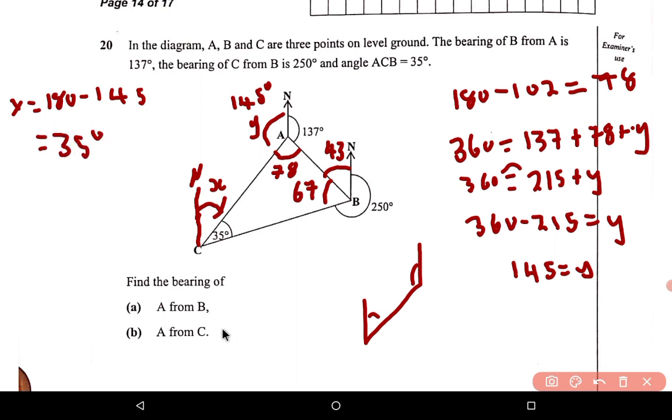Hence, that's the bearing. It is 35 degrees. Other people write them in 3 digits, like this, which is the correct way of writing them. And that is what you want to do in this question. We go to the next question.